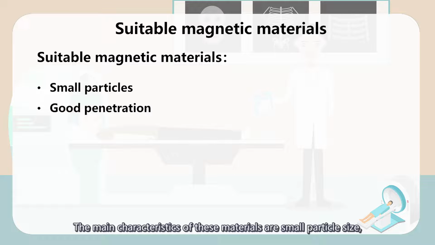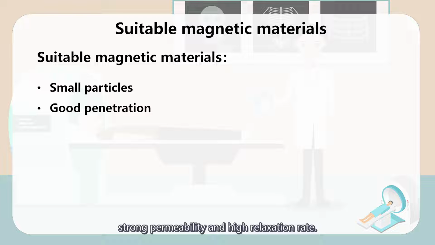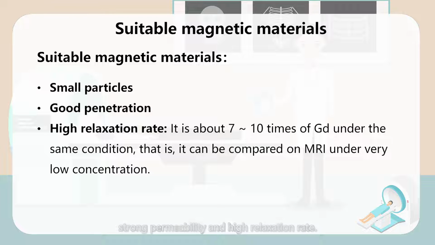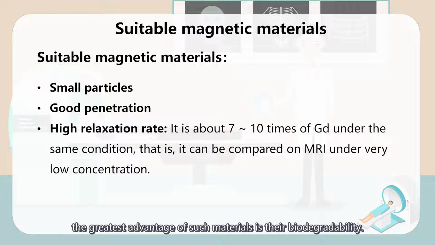The main characteristics of these materials are small particle size, stronger permeability, and higher relaxation rates. From the perspective of biological application, the greatest advantage of such materials is their biodegradability.